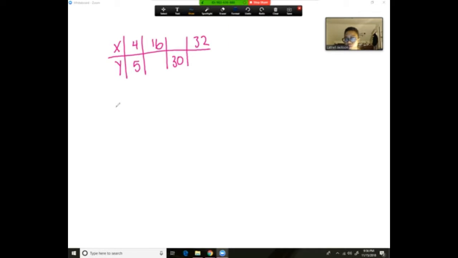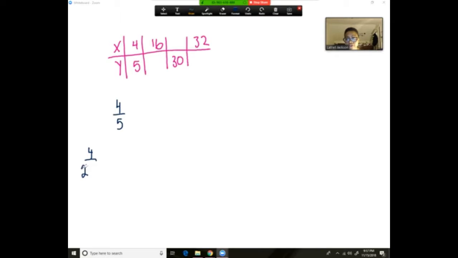All right, so looking at all of the columns, which is our ratio for this table? It's going to be 4 over 5 because 4 and 5 don't have any common factors, meaning we can't simplify.